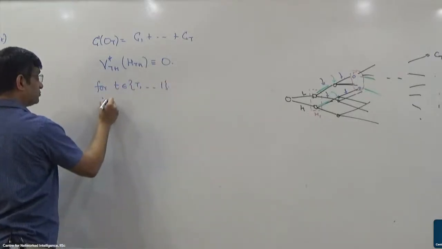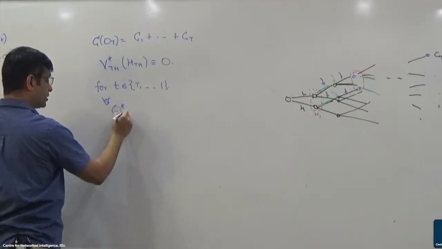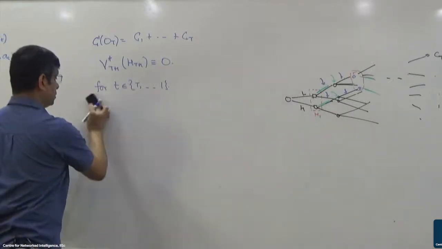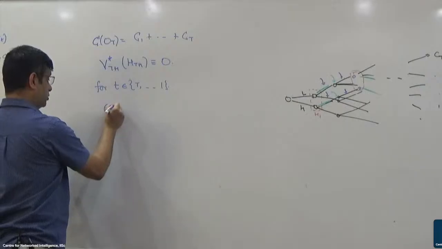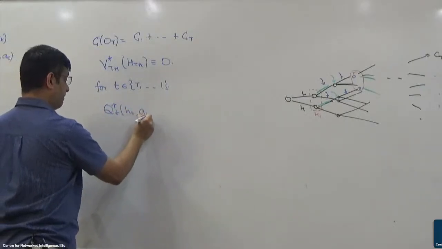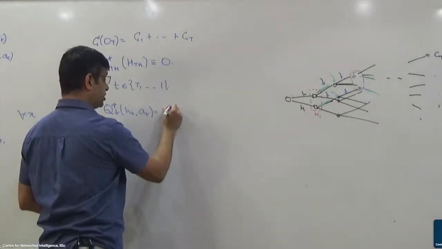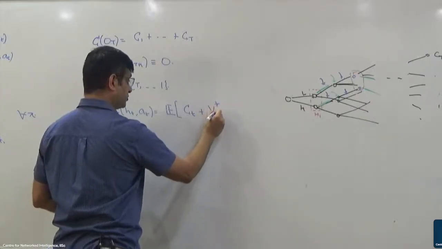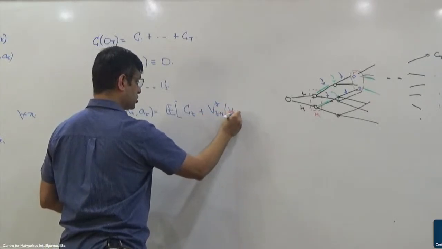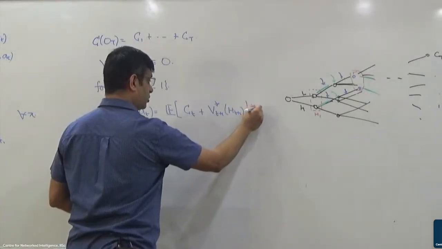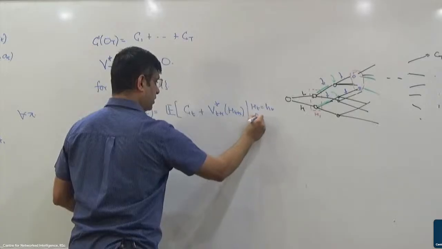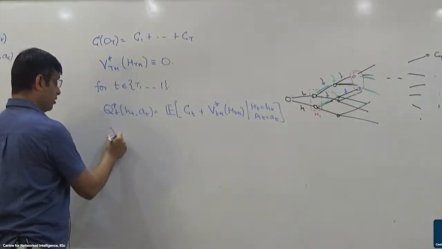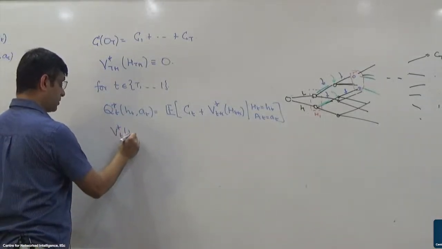So, I can say q star t of h t, a t is the expectation of C t plus v star t plus 1 of h t plus 1, conditioned on h t and a t, and then I will define my value function to be the optimal here.